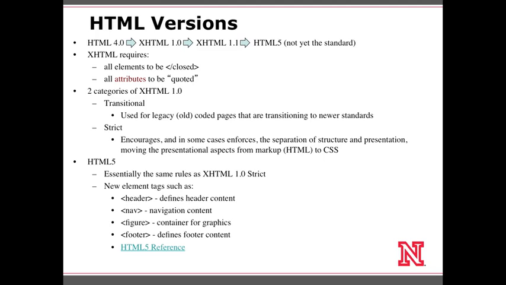XHTML required all elements to be closed and all attributes to be quoted. It was a little more picky. And there were two categories of XHTML: transitional, which was used to transition old coded pages into the new standards, and strict, which would have been used for brand new pages built within the XHTML version.